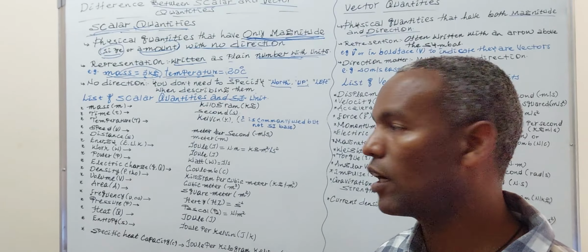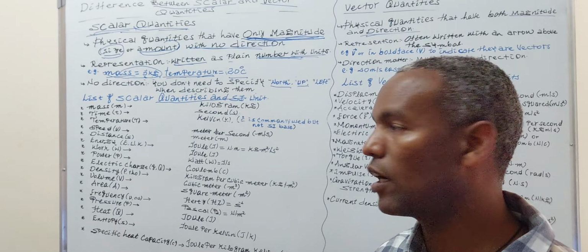Then time. The symbol of time is T, and the SI unit is second. Then temperature. The SI unit of temperature is Kelvin, but commonly we use degree centigrade, which is not an SI unit.